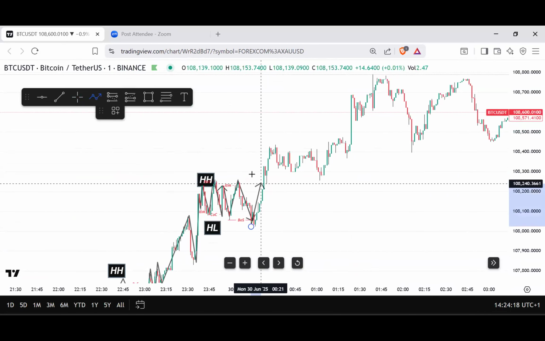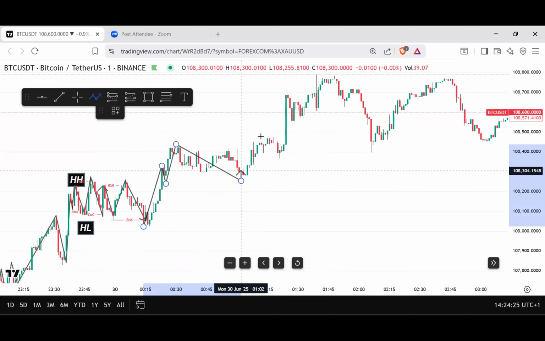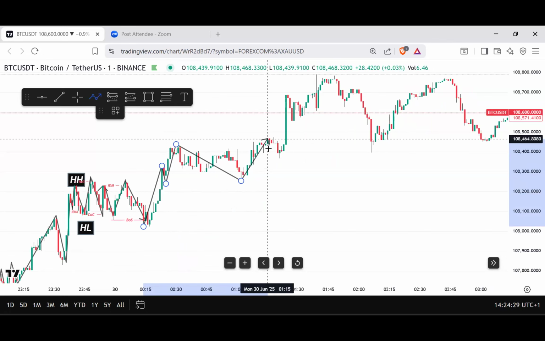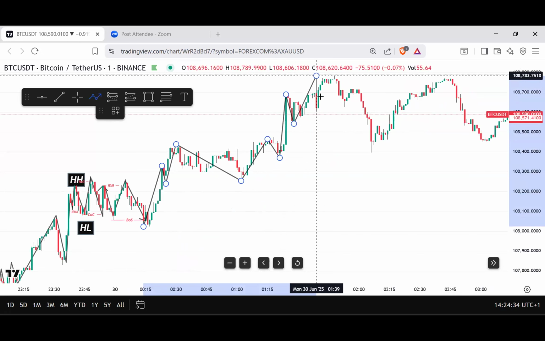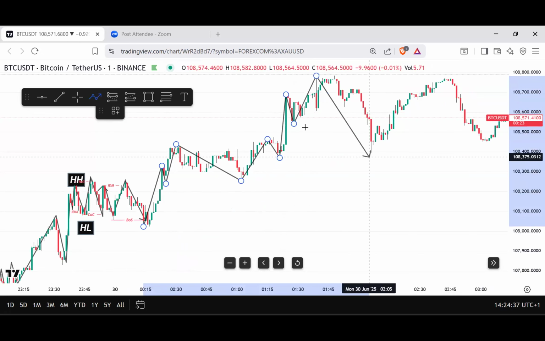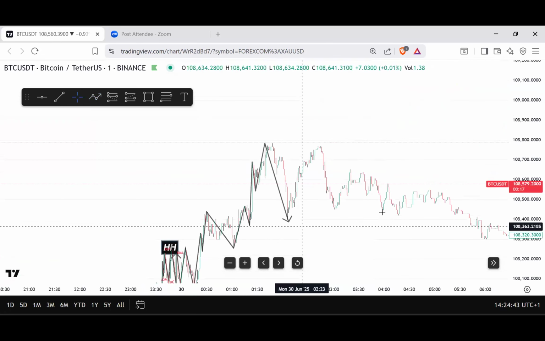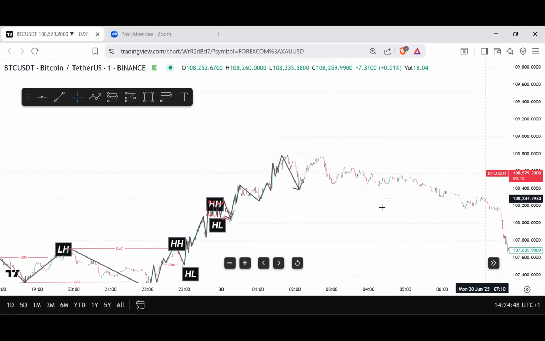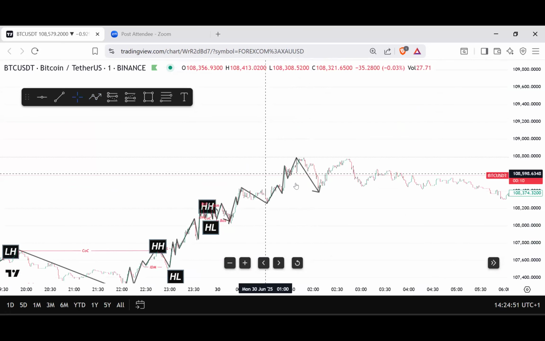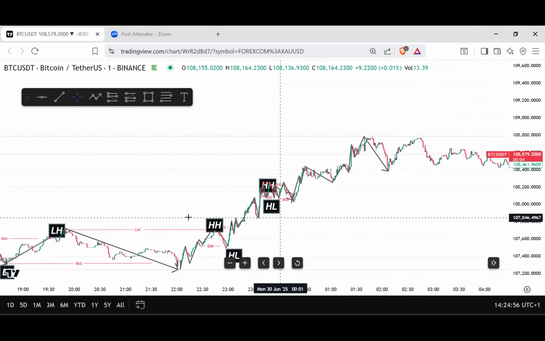Now it looks like the trend is changing. So this was the last higher low.